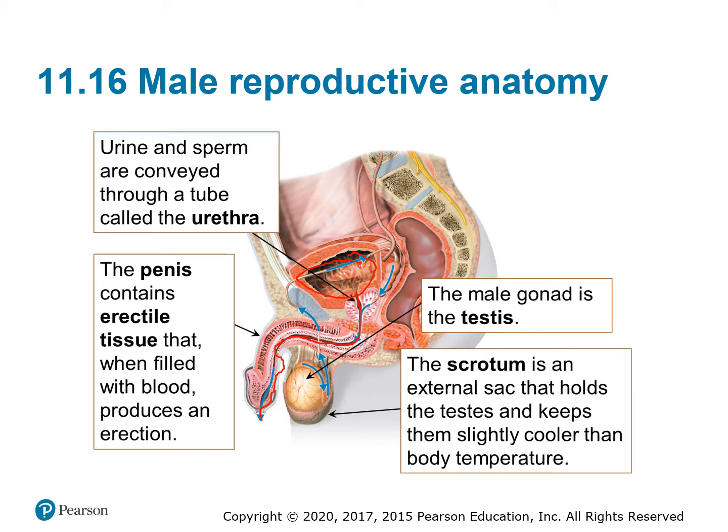And the penis contains erectile tissue that, when filled with blood, produces an erection. The male gonad is the testes. That's where meiosis occurs. And the scrotum is an external sac that holds the testes and keeps them slightly cooler than body temperature.